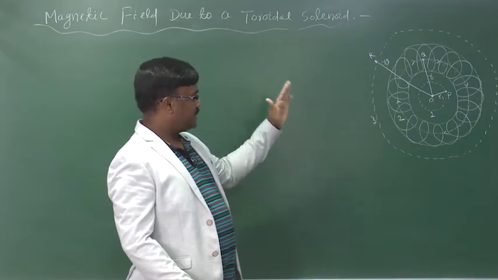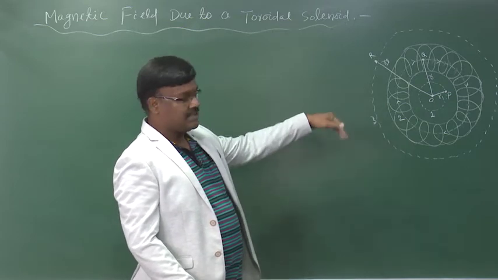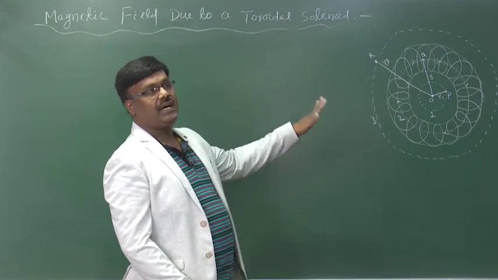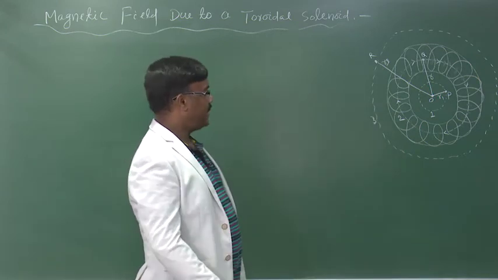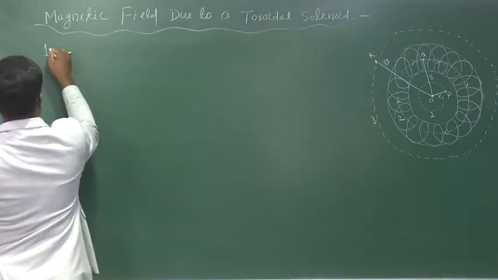So, let us apply Ampere circuital law to all these three cases and find the magnitude of the field strength at these points one by one. Let us start with point number 1.